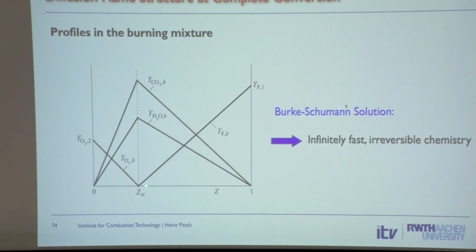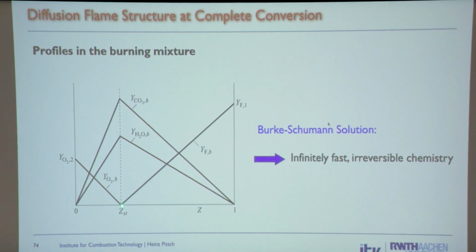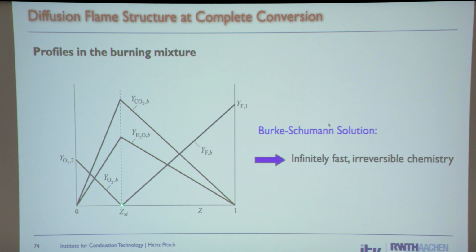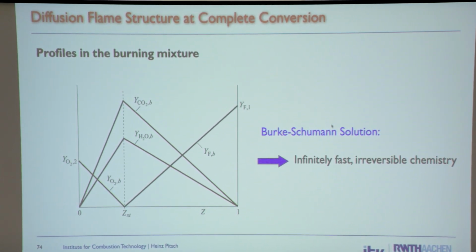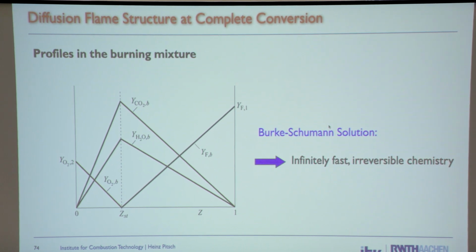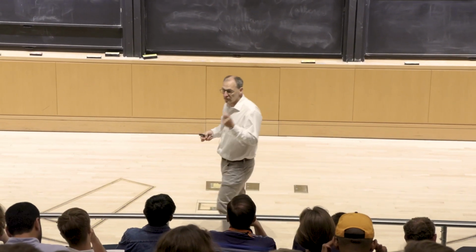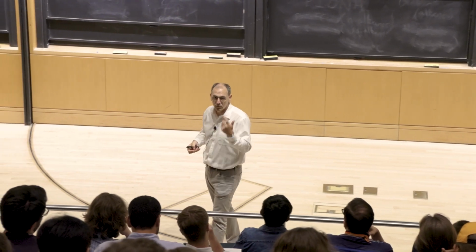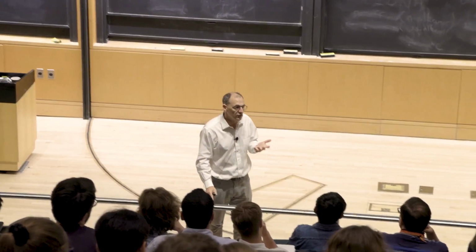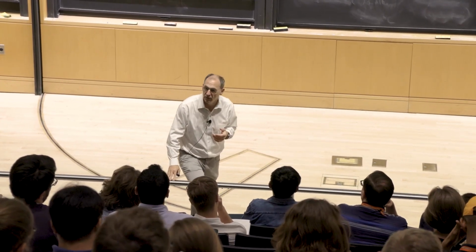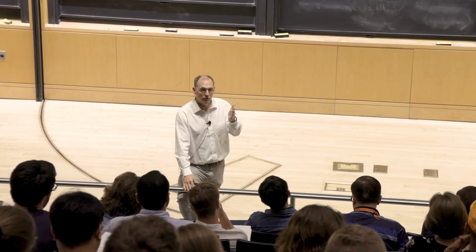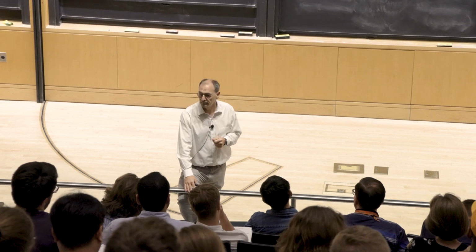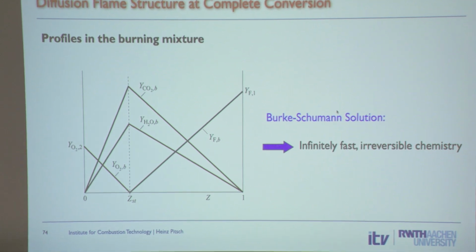And that's why you see here, at this point, infinitely fast chemistry means fuel and oxygen are consumed at the same time. And what's interesting also is where the reaction zone is. The reaction zone is the region where chemical reactions happen, okay? Where do reactions happen? Reactions cannot happen here, because there's no oxygen.